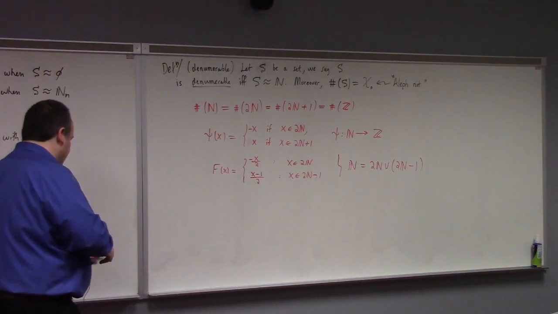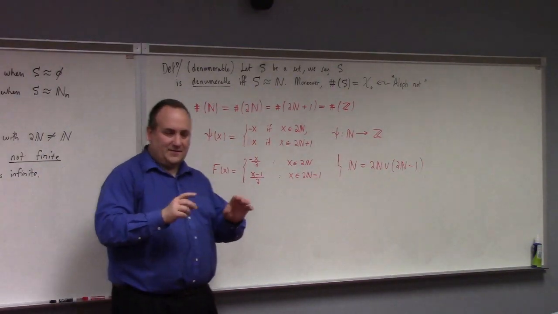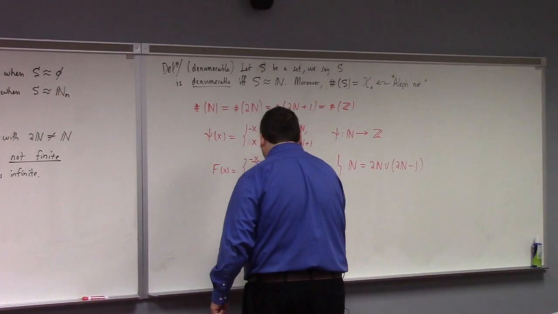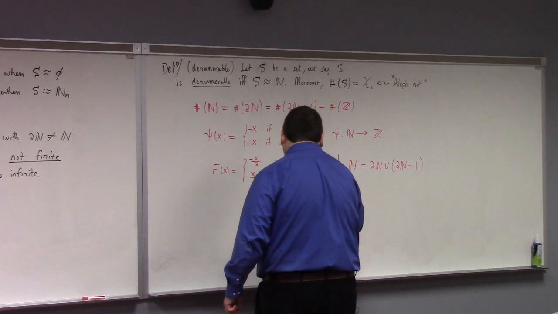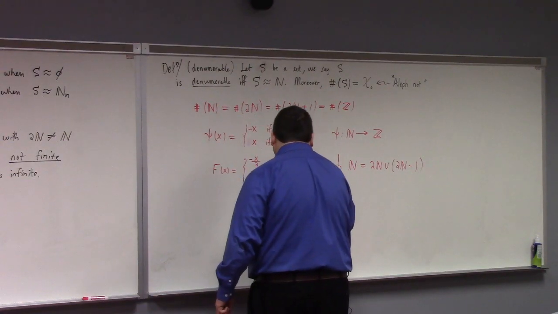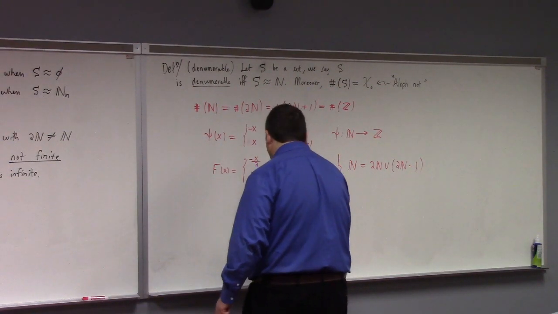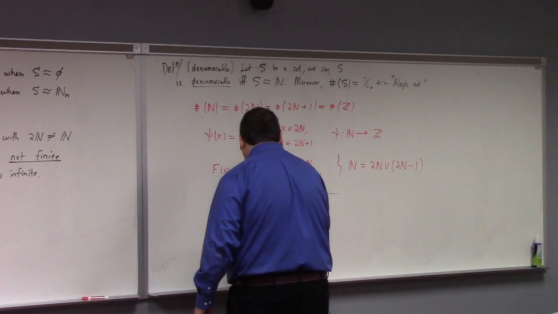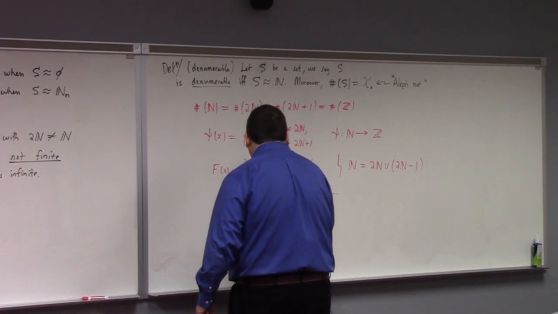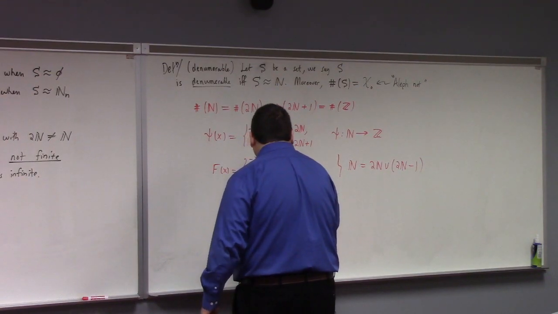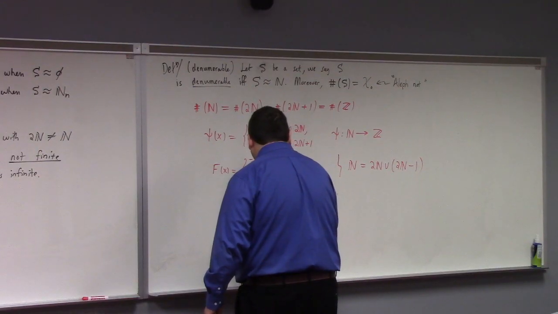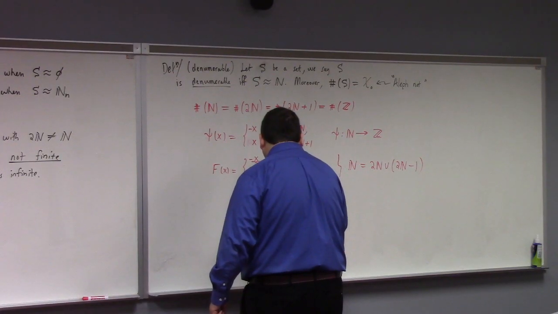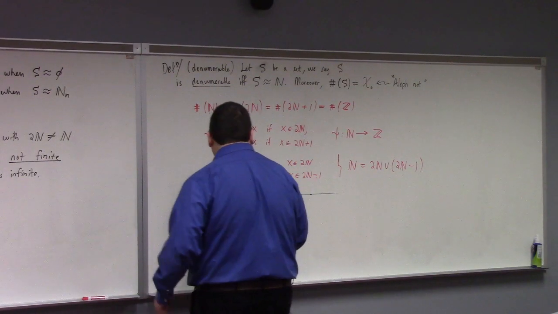Basically, just to illustrate it graphically, here are the natural numbers, right? And we're taking 1, and we're mapping 1 to 0. And then mapping 3 to 1, and 5 to 2, like that.